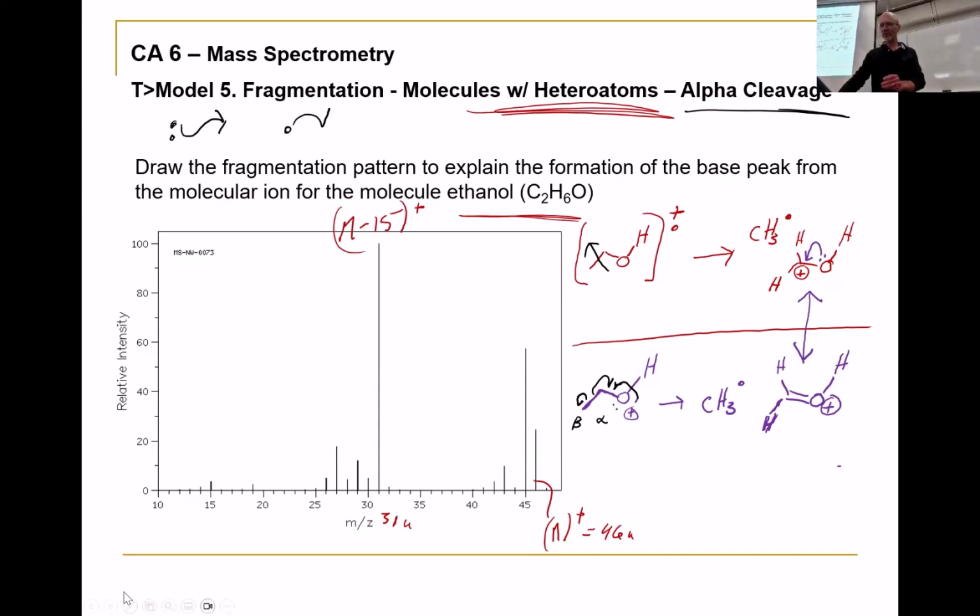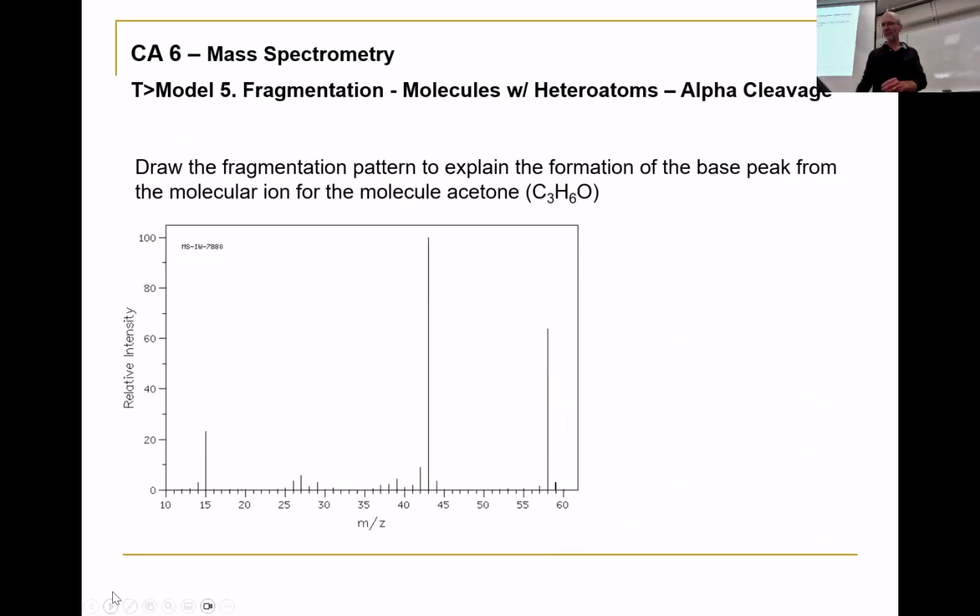So let's try one more then. Now we have this molecule that you've seen before. This is acetone. And I'm going to label alpha, beta. So the alpha carbon in this context is the carbon that's right next to the heteroatom.